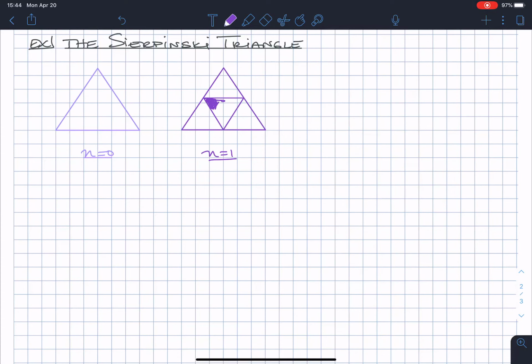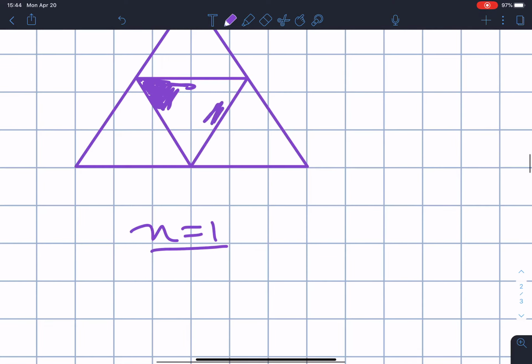Let me zoom in. So I'm cutting out the middle triangle. What I'm left with, you'll notice, is 3 triangles at the corners. So this is iteration 1. I went from 1 triangle to 3 by cutting out the middle triangle.